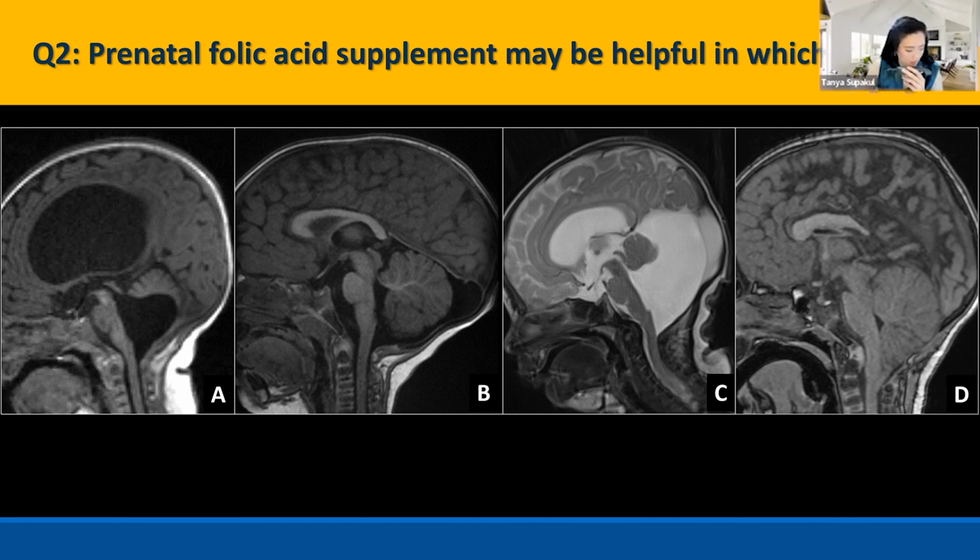I'm going to go with C. The first step is you need to give the diagnosis for each patient first, and then you know which one needs the folic acid supplement, which means the one that has the diagnosis of a neural tube defect. Oh, right. Because a neural tube defect needs the folic acid supplement.